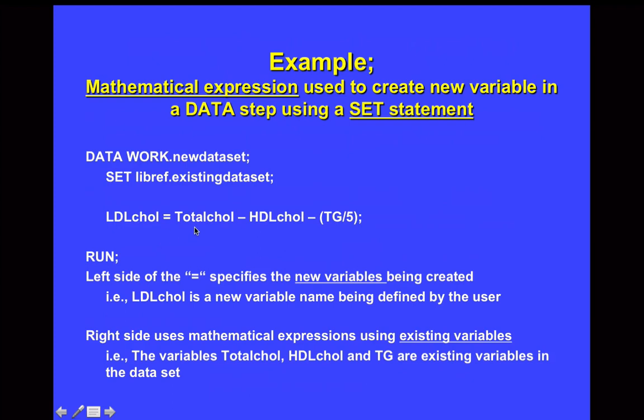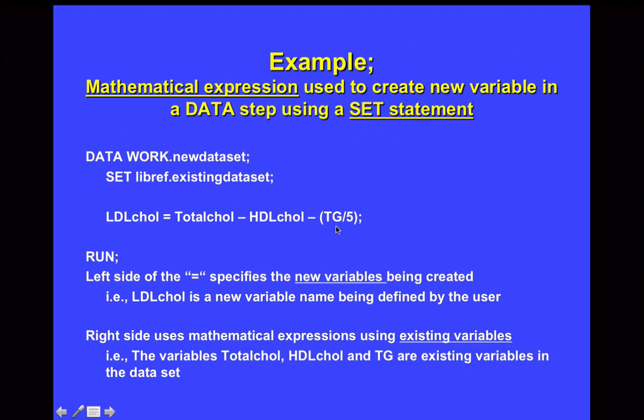In this example, we want a mathematical expression that looks at the value of total cholesterol for each participant, subtracts off the value for HDL cholesterol, and then subtracts off triglycerides divided by 5. This is just LDL calculated based on the Friedewald equation.